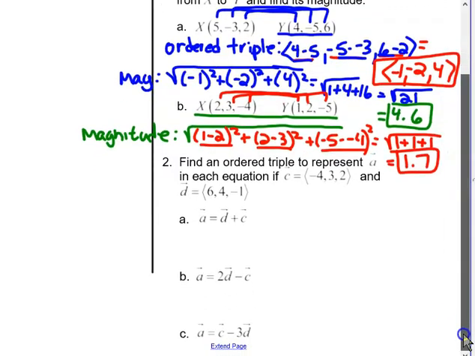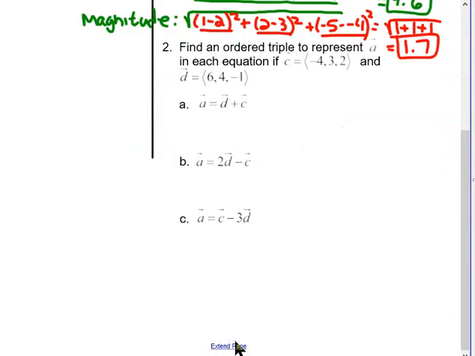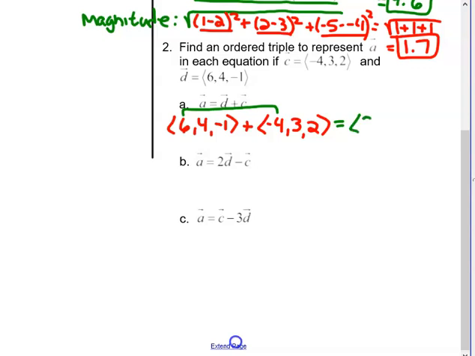Okay, so the same goes for adding and subtracting and scalar multiplication. So if we have a 3-dimensional space, if I'm taking D, which is 6, 4, -1, and I'm adding it to C, I'm going to add these two. 6 plus -4, and I get 2. 4 plus 3 is 7. -1 plus 2 is 1.